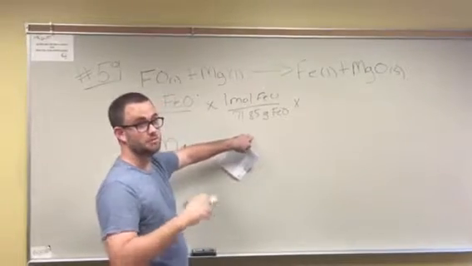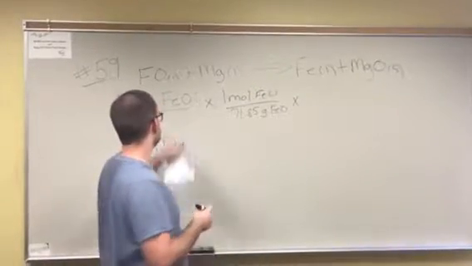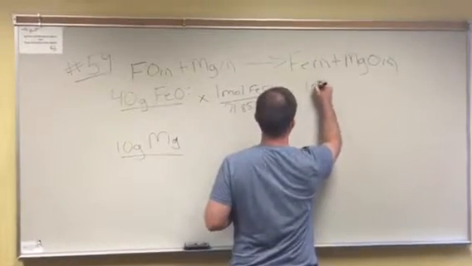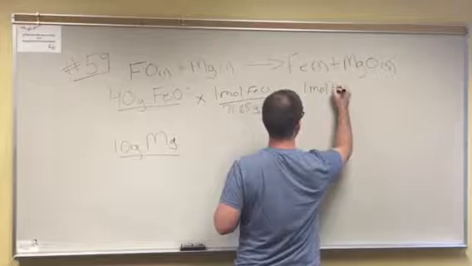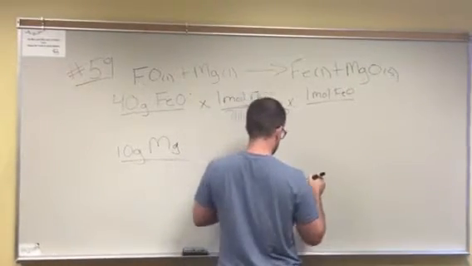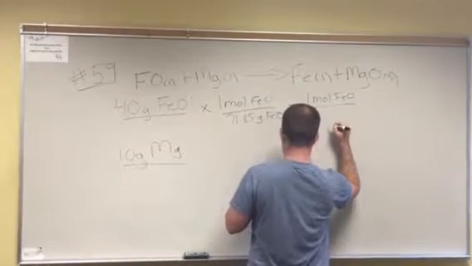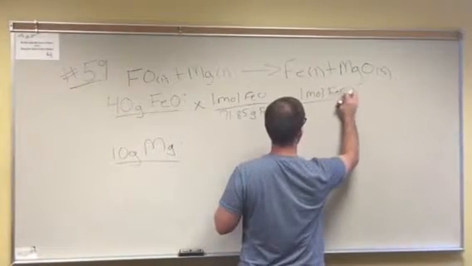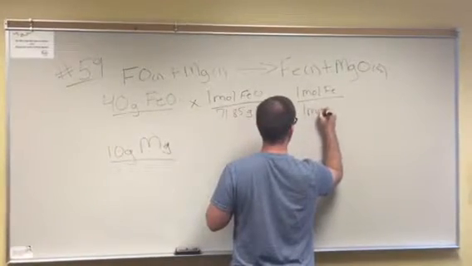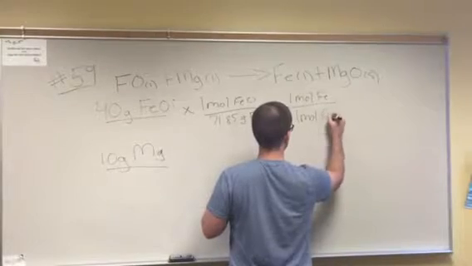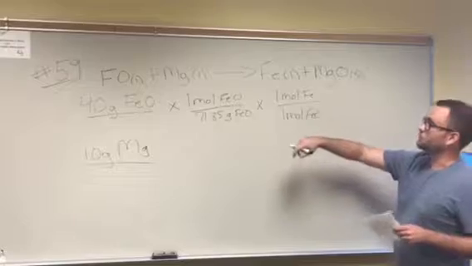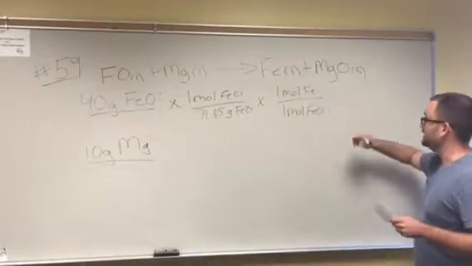And then for moles, we want to turn that moles into grams to see the mass that this 40 grams can produce. So the unit equation for that is going to be 1 mole FeO over 1 mole of iron over 1 mole FeO. So that's going to take it from moles of FeO to moles of iron, Fe.